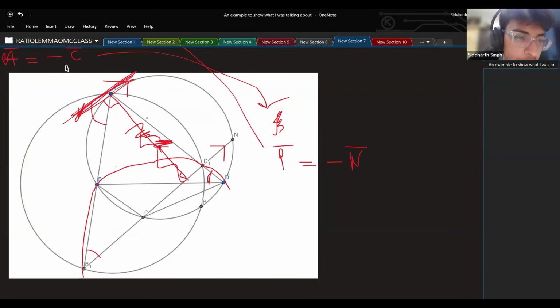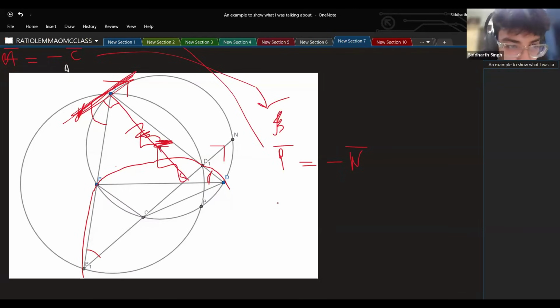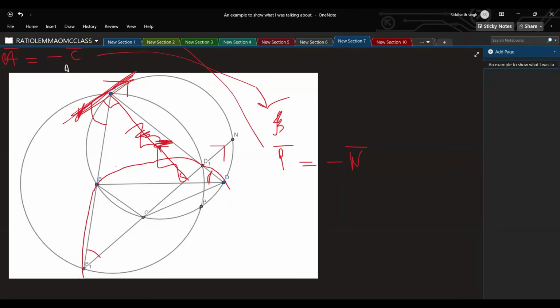We just don't need to focus on O and the line through C perpendicular to AO. Okay. Now we can use B and D instead of A and C. We can ignore A bar and C bar and use B bar and D bar.